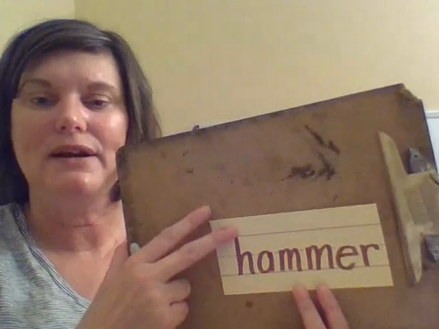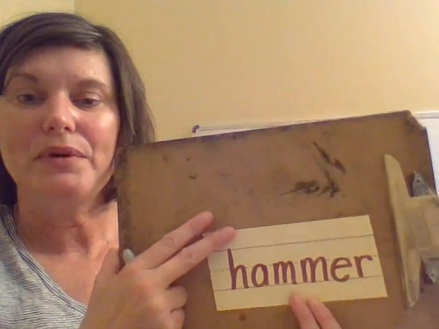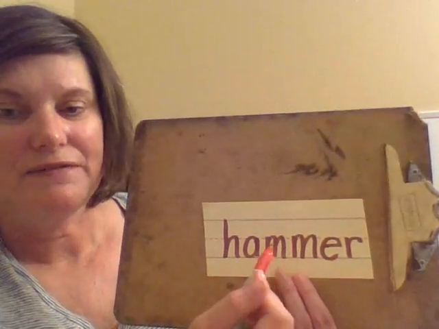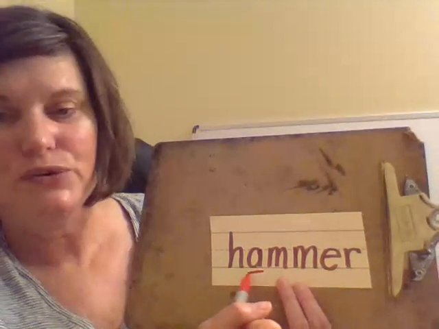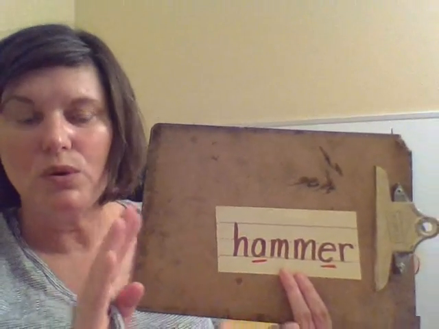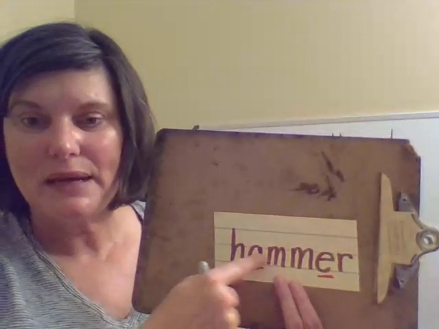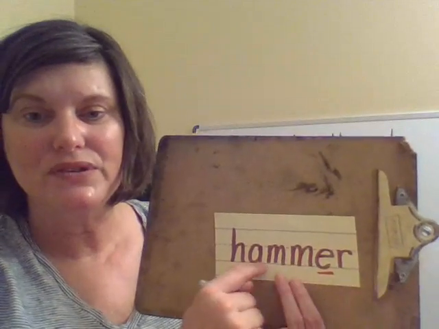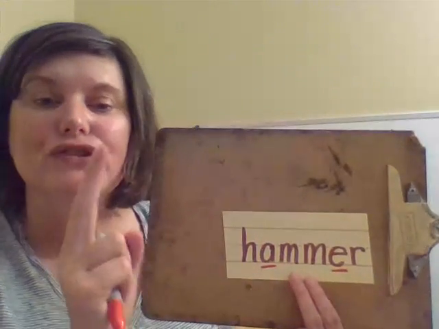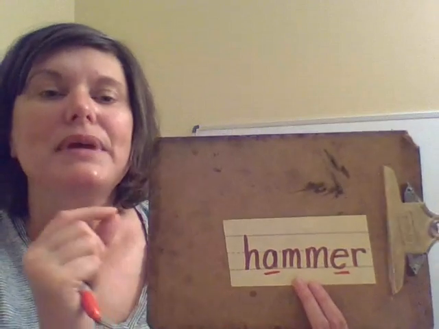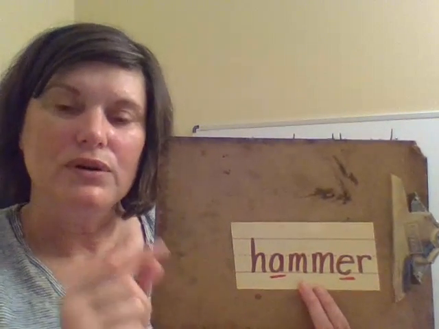All right, let's look here. Remember, our first rule is to find the vowels. Here's one of the vowels. Here's the other. The vowels are not together, so we know we're not going to keep them together. They're separated by consonants, so we know this word has two syllables, because every syllable has to have a vowel.